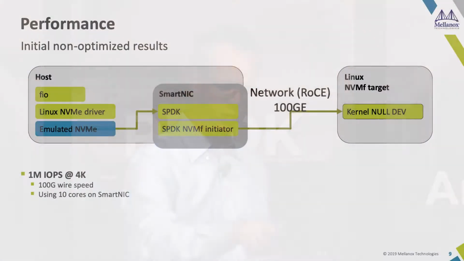It's very nice. If you take it further and drive them using the NVMe over Fabric initiator in SPDK, we can see 1 million IOPS. And again, this is just out of the box. We didn't yet optimize, and we have a lot of ideas on how to optimize it, which are some other topics we would like to investigate together.